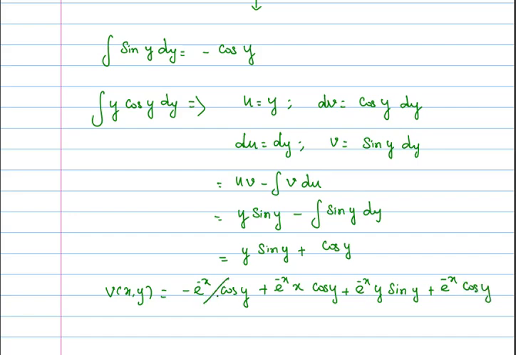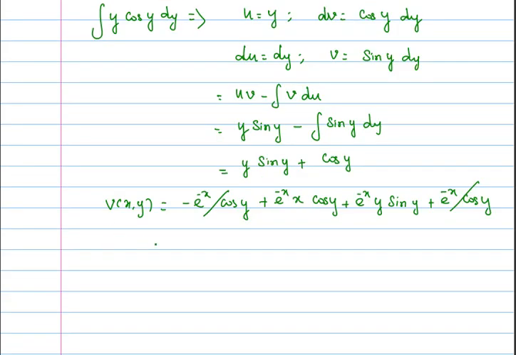You look, these two terms are adding, they give 0. So v of x, y we got as e^(-x) x cos y plus e^(-x) y sin y. Okay, we got it.